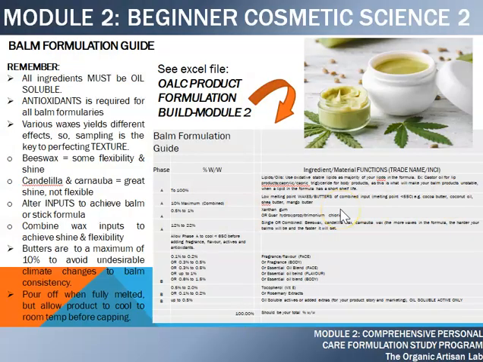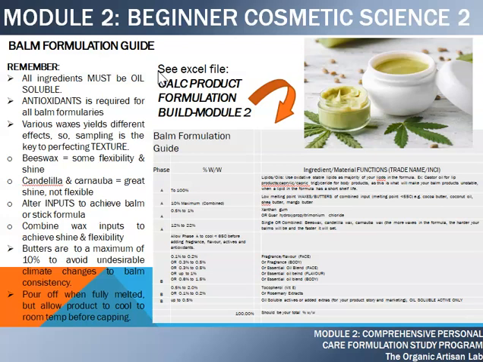Now again, so that you will not just look at this module slides every time, I have here a really tiny bit of information for you. It's an OALC product formulation build for module 2, see Excel file. That means I'm going to be giving you an Excel file of the 3 products that I'm talking about today.